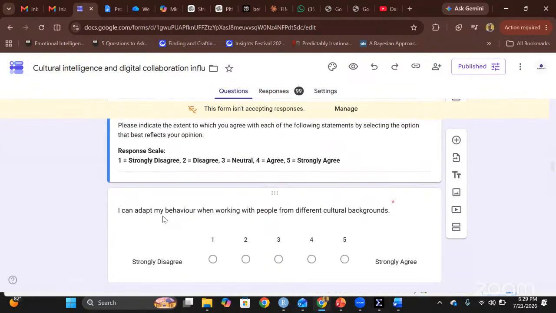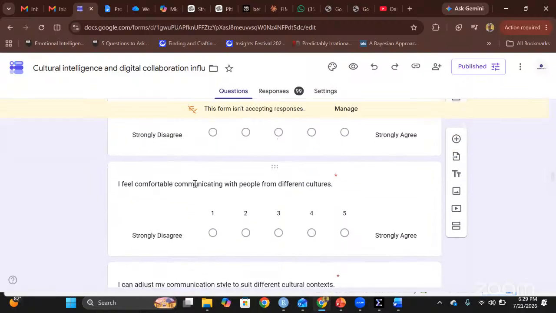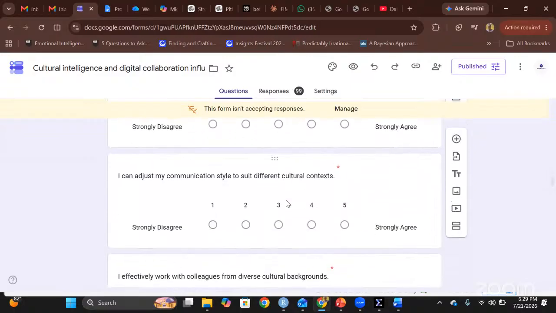The first question: I can adapt my behavior when working with people from different backgrounds. I understand how cultural differences influence workplace interactions. I feel comfortable communicating with people from different cultures. I can adjust my communication style to suit different cultural contexts.